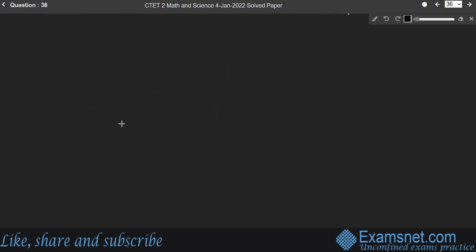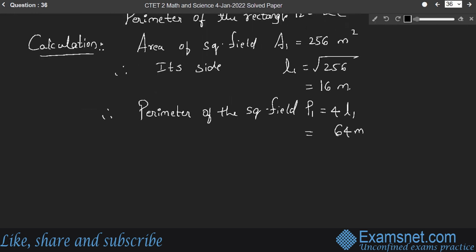And secondly, width of the rectangular field. B2 is equal to 5 by 8 times L1, right?